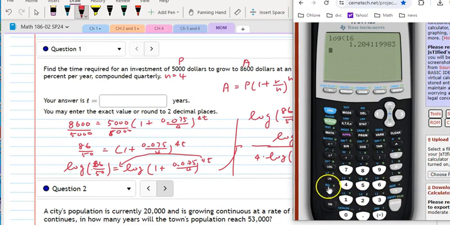We do log of 86 over 50, and then divided by, open parenthesis, 4 times log of (1 + 0.075 over 4), close. Yes, 7.29, so that means 7.30.